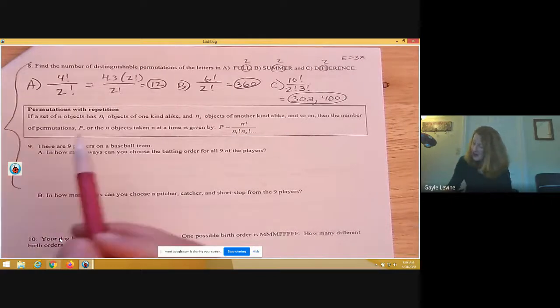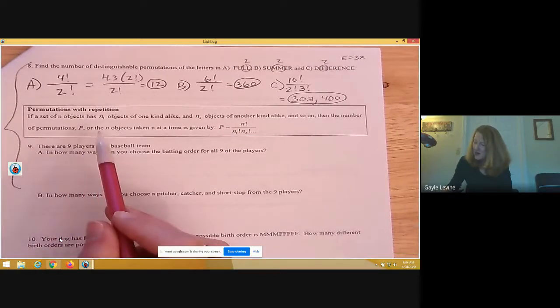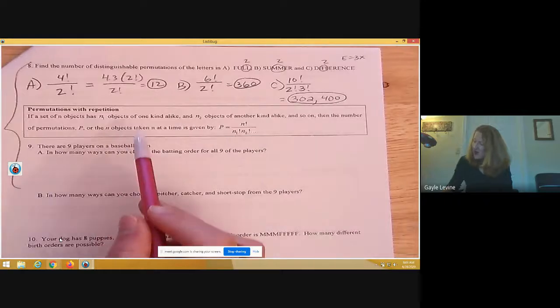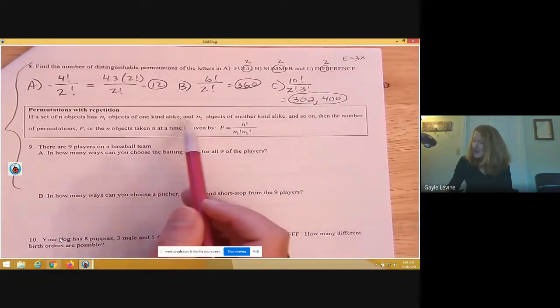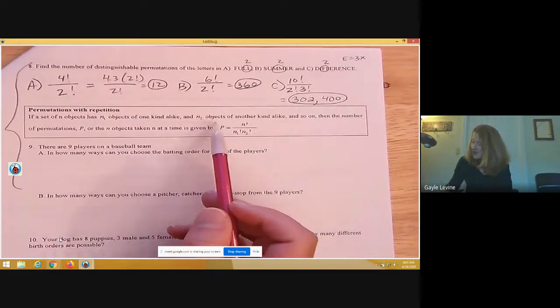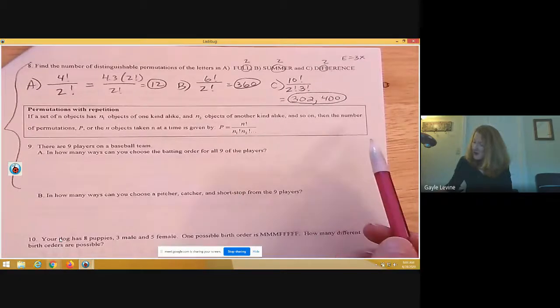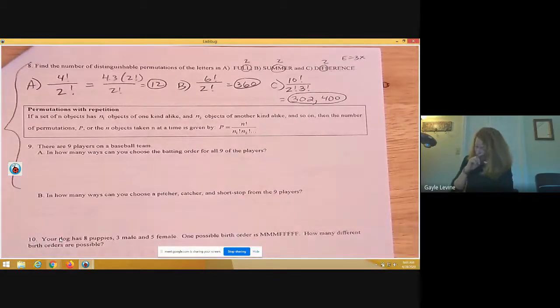If a set of n objects has n sub 1 objects of one kind alike and n sub 2 objects of another kind alike, and so on, then the number of permutations P of the n objects taken n at a time is given by P equals n factorial divided by n sub 1 factorial, n sub 2 factorial, etc.